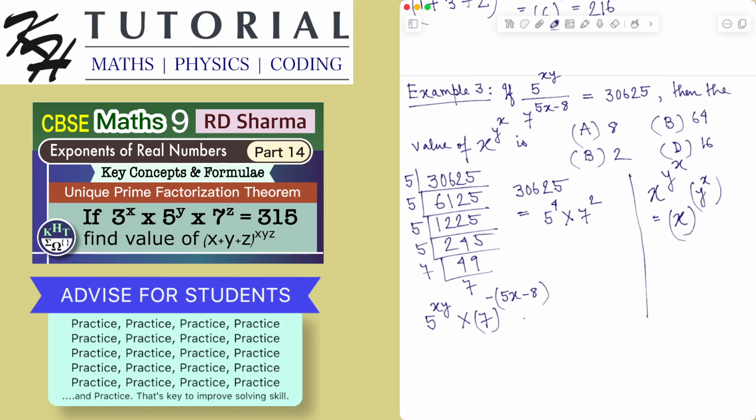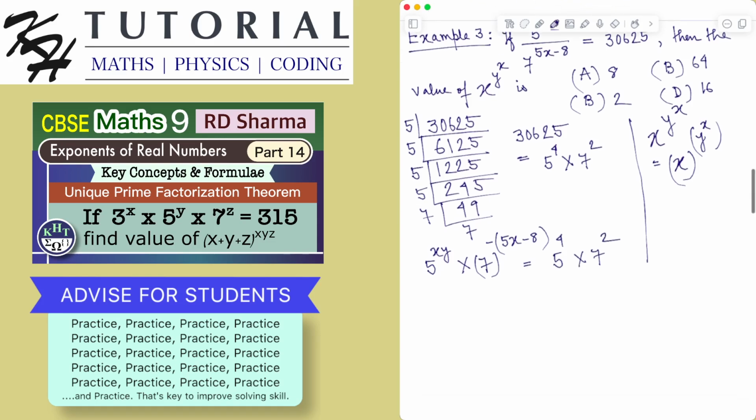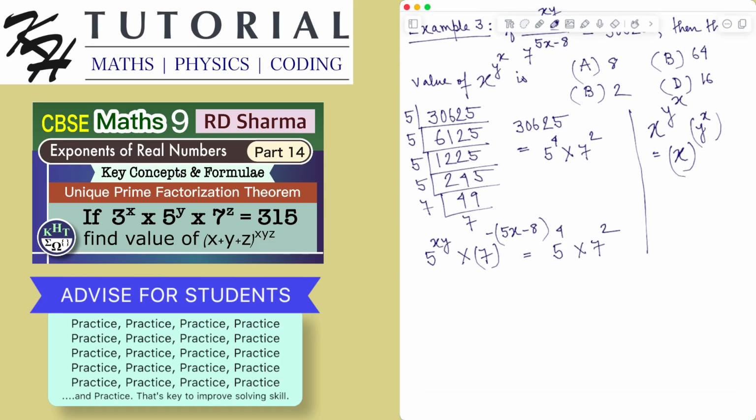This is equal to 5 raised to the power 4 multiplied by 7 square. Clearly, on both sides we are having powers of distinct primes 5 and 7.